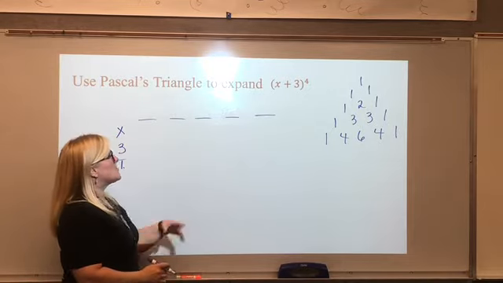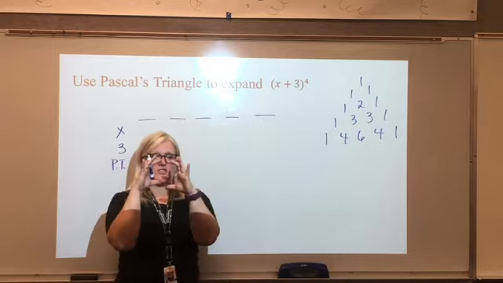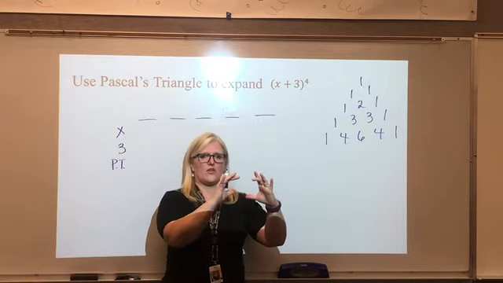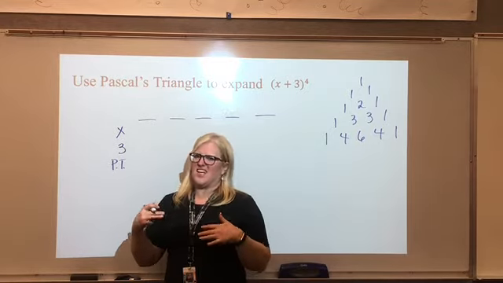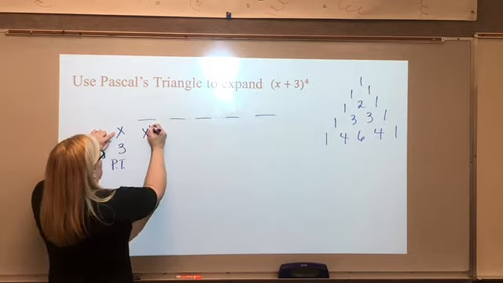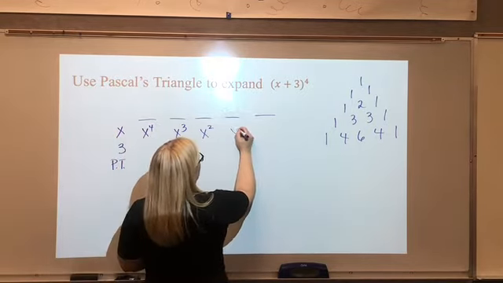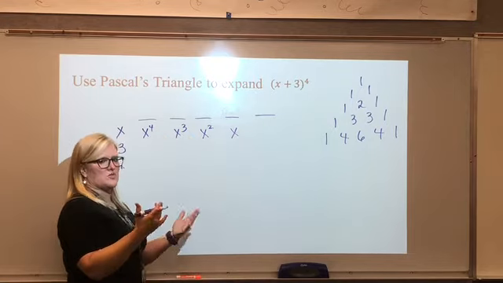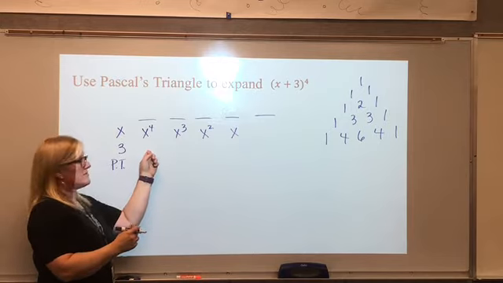All right, so if this were 2x, then it would be 2x to the 4th power, 2x to the 3rd power, 2x squared. That's how it would work, but I'm just picking an easy one right now. So this is x to the 4th, x to the 3rd, x squared, x, and then x to the 0, which is 1.